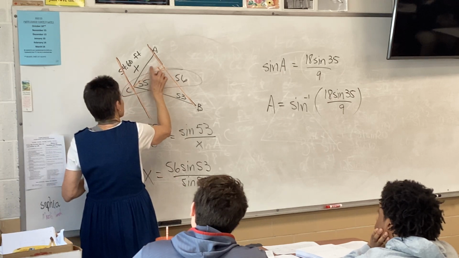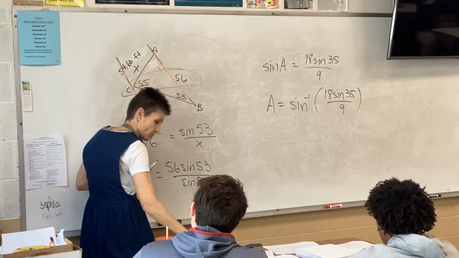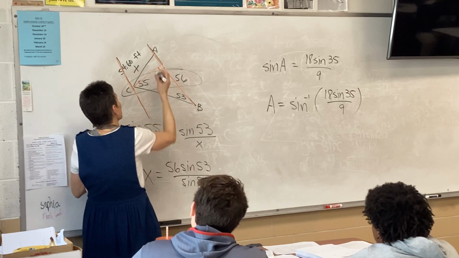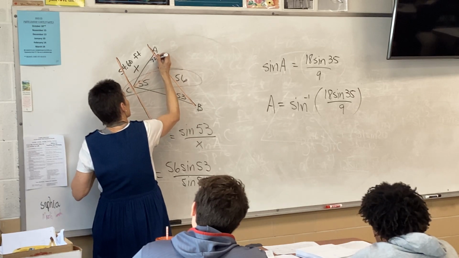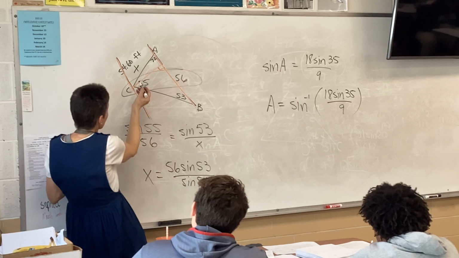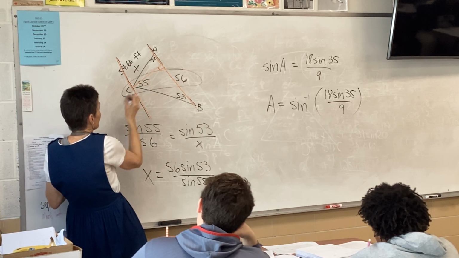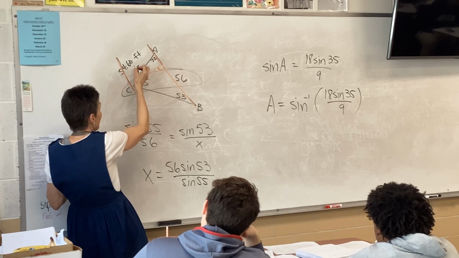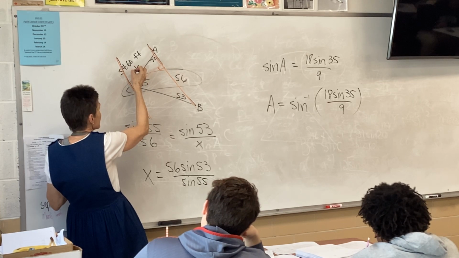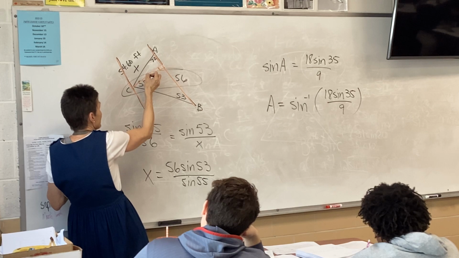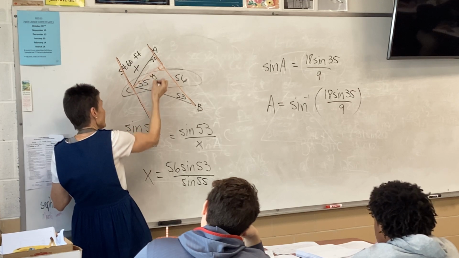Let me make this, that 72 was up here. Let's look at the tiny little triangle at the top. Could I say sine 90 over 54.6 equals sine 72 over y?